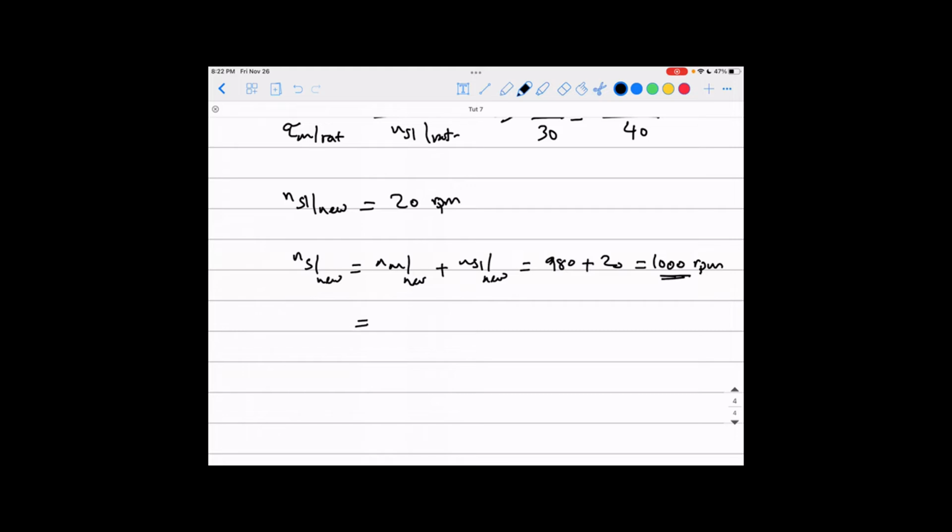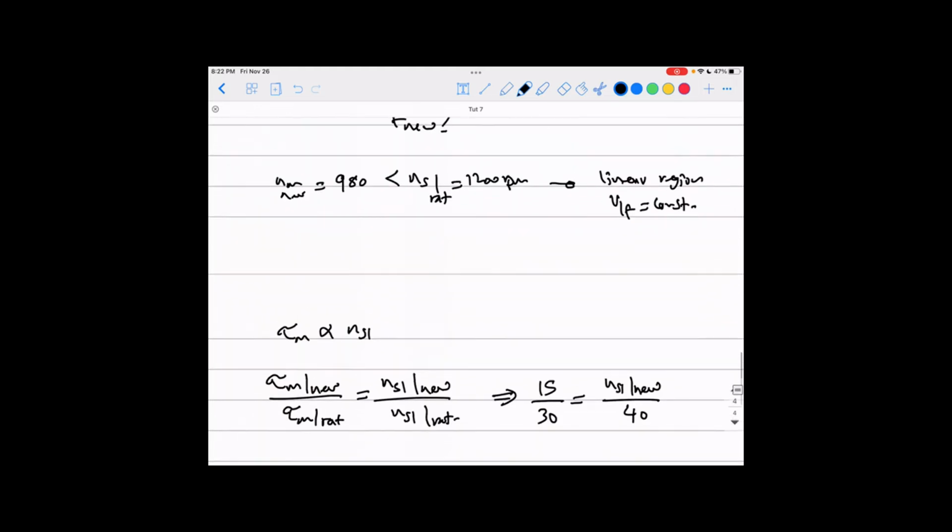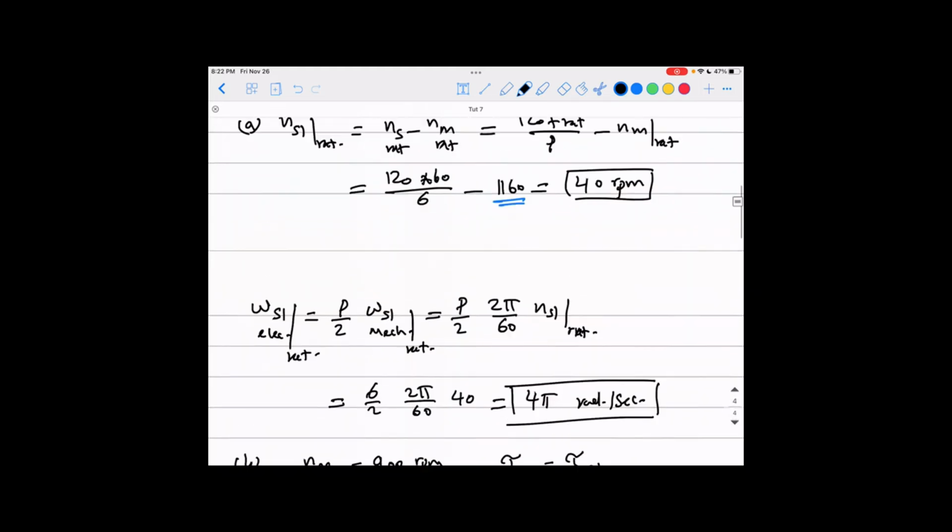And this new synchronous speed equals 120 F new over P, and the P equals 6. So the new frequency is basically 50 Hertz. Okay, guys? We're going the same way here. That's fine. That was part C.